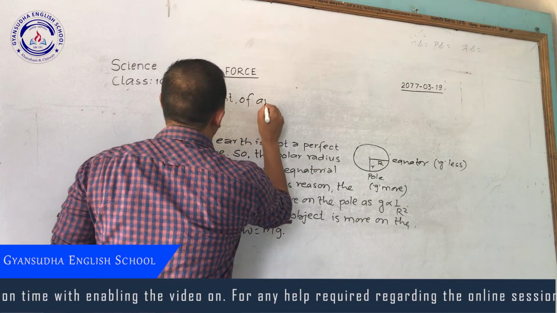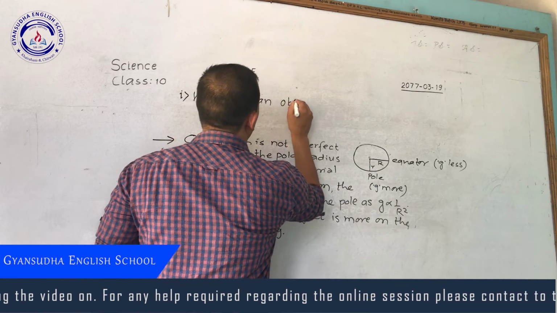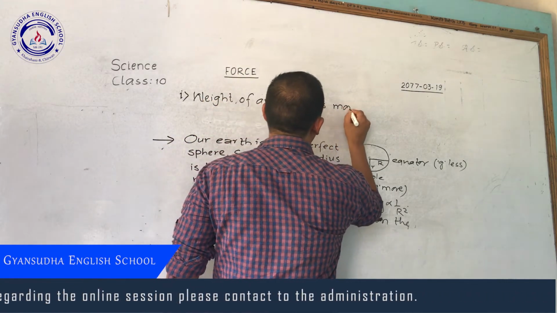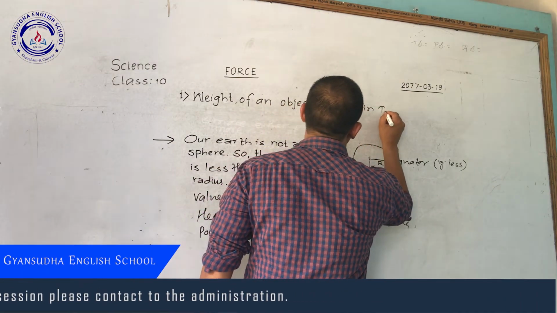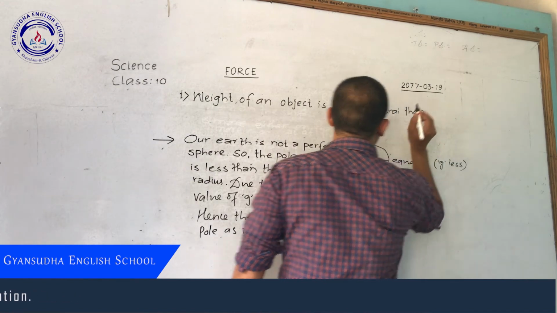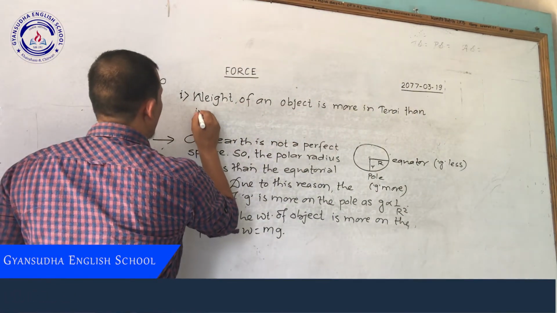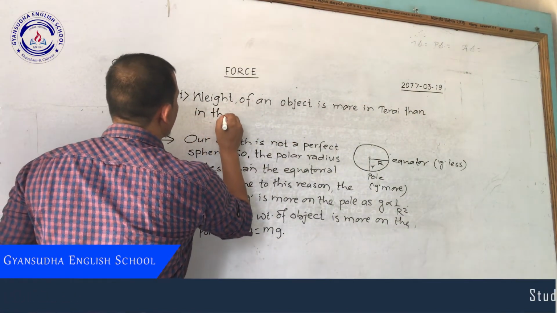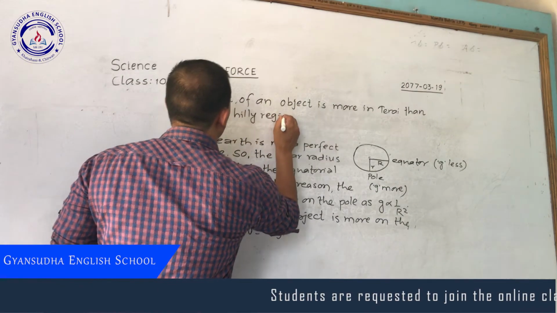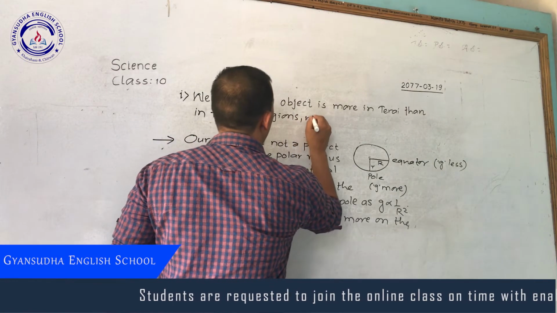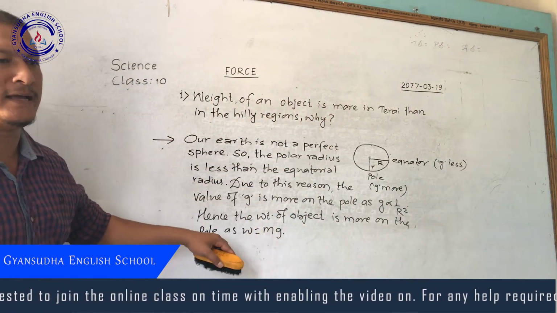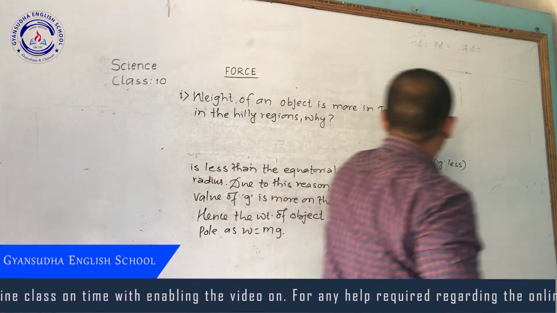Number 1. Weight of an object is more in Tarai than in the hilly regions. Why? One of the questions having similar sort of answers.